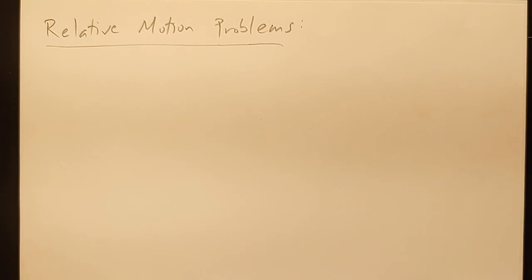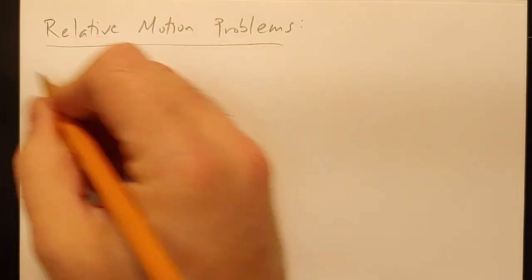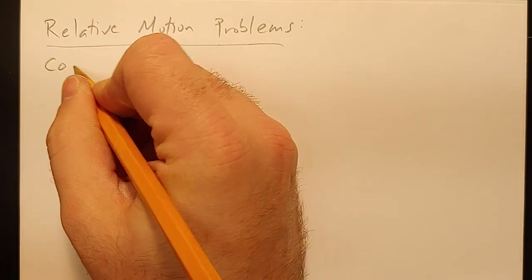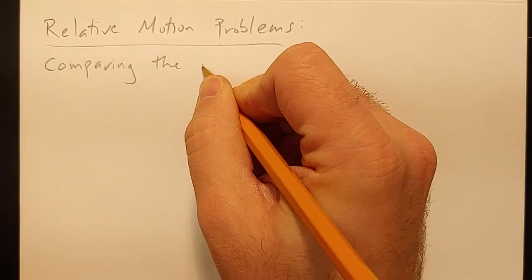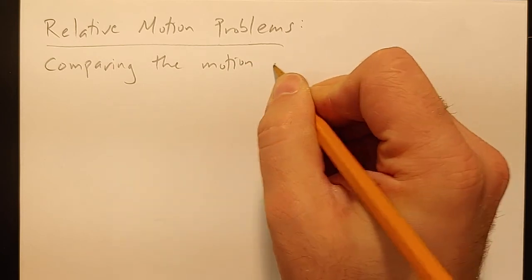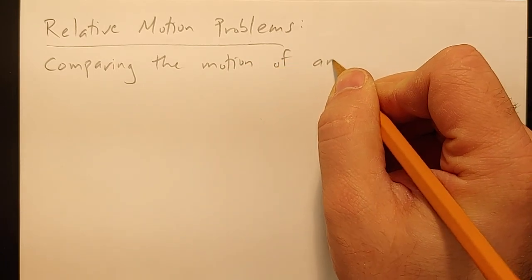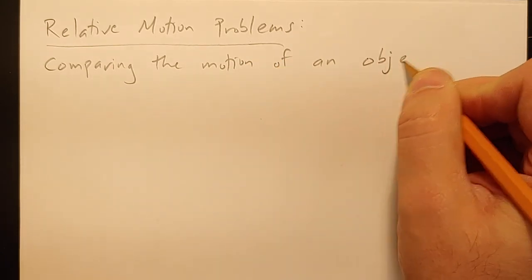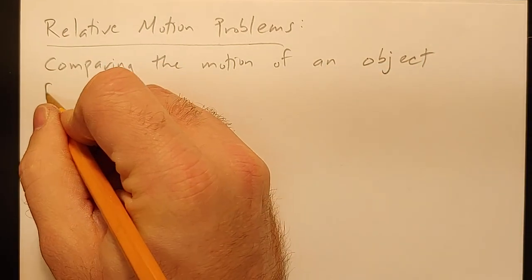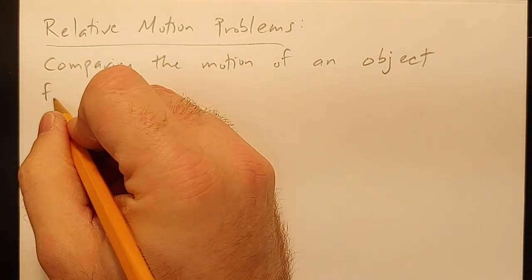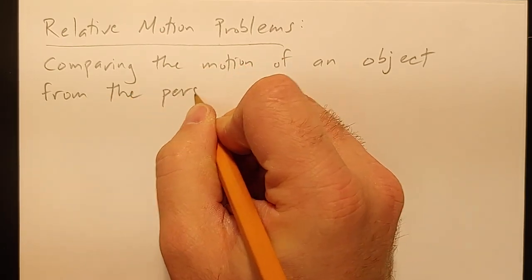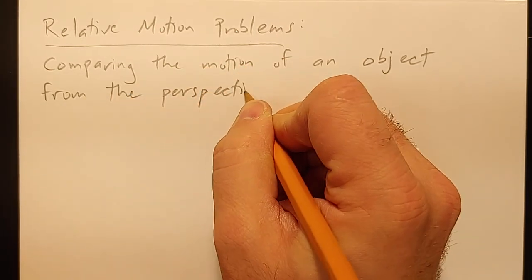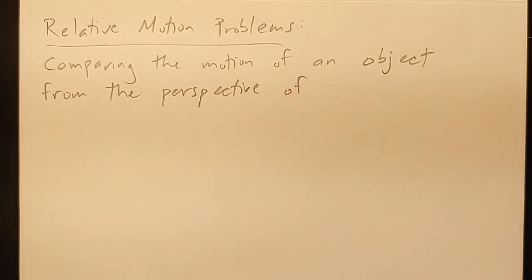In our relative motion problems, we're going to be comparing the motion of an object from the perspective of, or relative to, a pair of different reference frames.